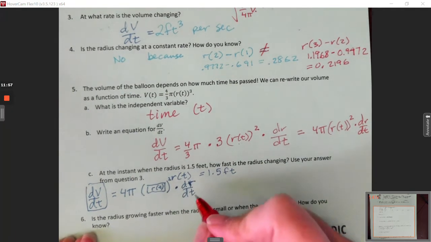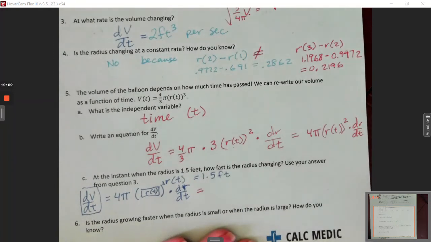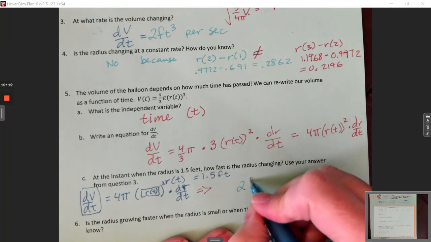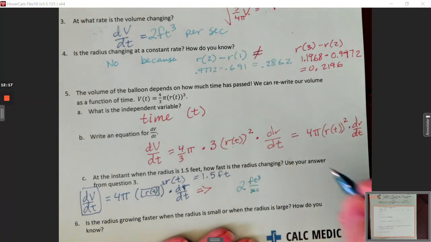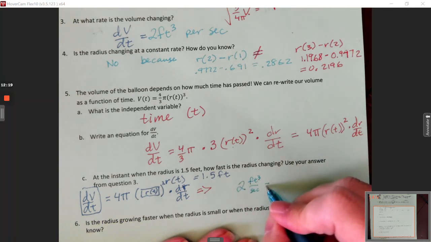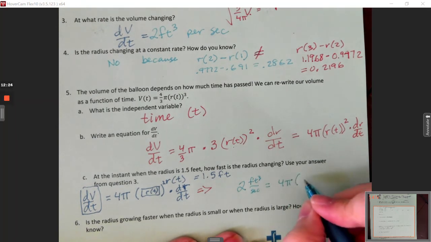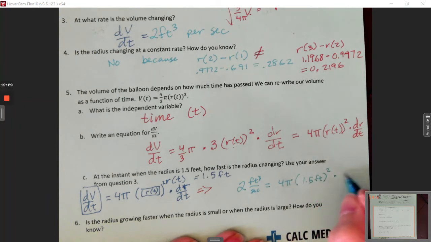Okay, so dV/dt is 2 cubic feet per second. We'll come back to that for units in just a minute. And that's equal to 4 pi times 1.5 feet squared times dr/dt, which we don't know.